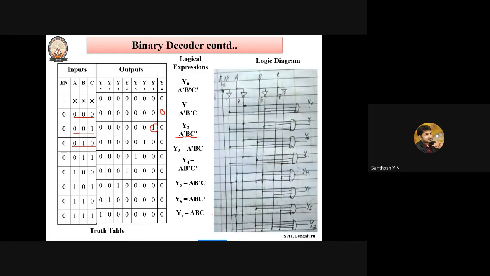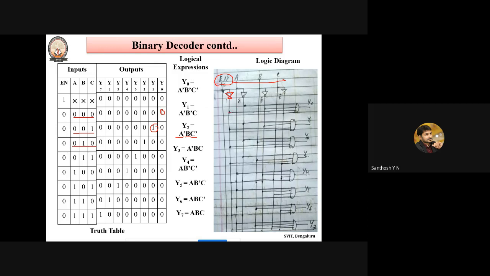I have shown the logic diagram here. What I have done is taken the three inputs, that is A, B, C, and I have also taken the enable signal, and I have also added a NOT gate in order to get enable bar.